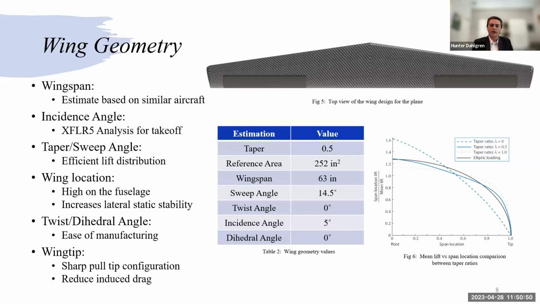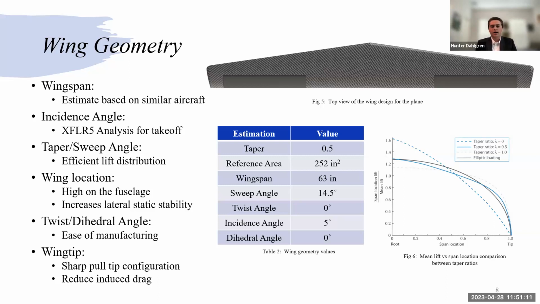We had a root chord of 9 inches and then a taper of 0.5, which would get us a tip chord of 4.5 inches. And with that, that got us a sweep angle of 14.5 degrees. And we found that for general aviation aircraft, a sweep angle of 10 to 20 degrees is pretty good.